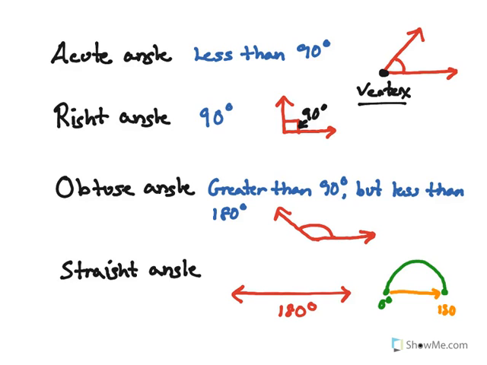Or you can go back in this direction, it's still 180 degrees. It's a half a circle. If you make another half a revolution, then you go another 180 degrees, and that would be 360 degrees. That's a full revolution. So a half a revolution of a circle is 180. And that's why straight lines are 180 degrees.